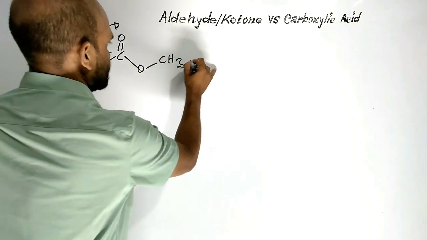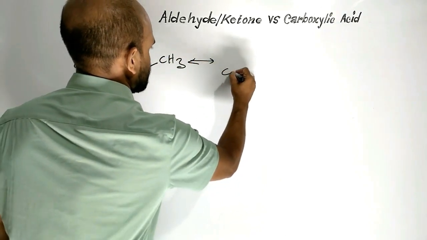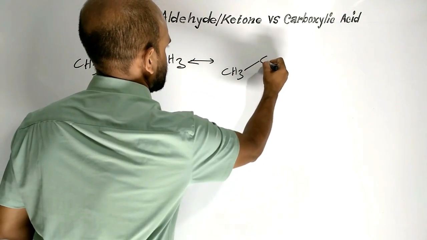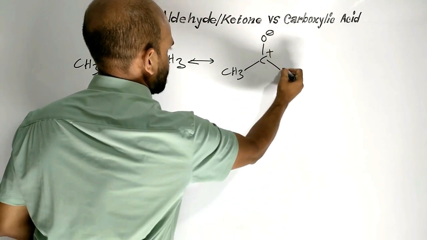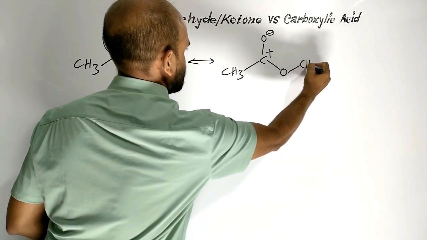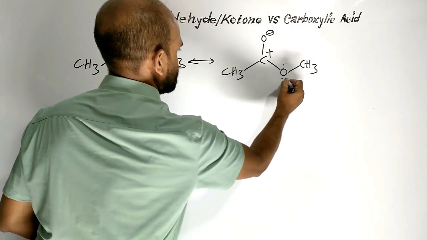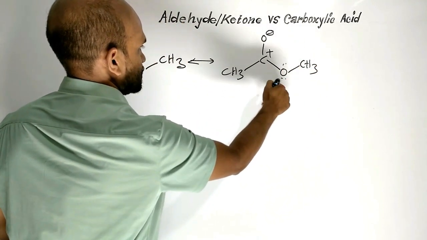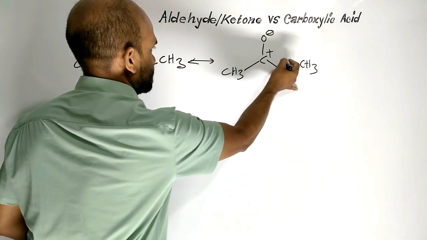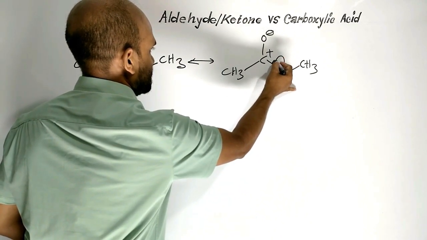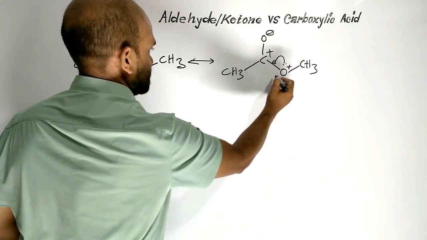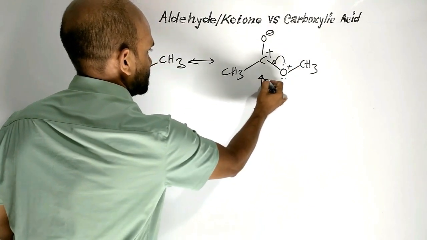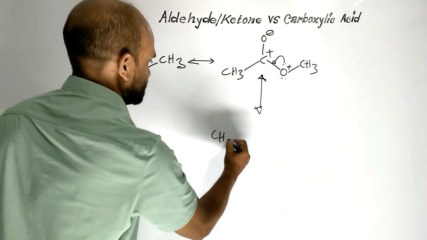The carbonyl group gets polarized. Oxygen becomes negative in charge, carbon becomes positive in charge. Oxygen carries two lone pairs of electrons. Here, these lone pair of electrons turn into a bond pair. Positive charge shifted to oxygen to form this resonance structure.